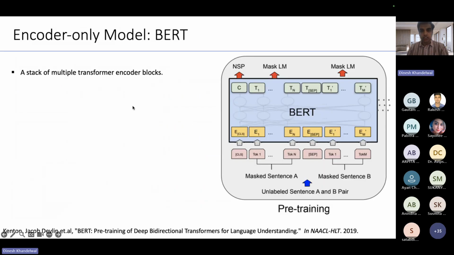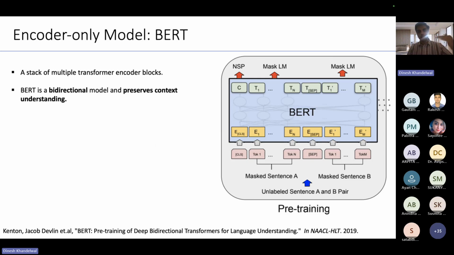So this BERT model, which came in 2019 and was the famous model that started this revolution of large language models, was only the transformer's encoder part. Multiple encoders are stacked one on top of another.